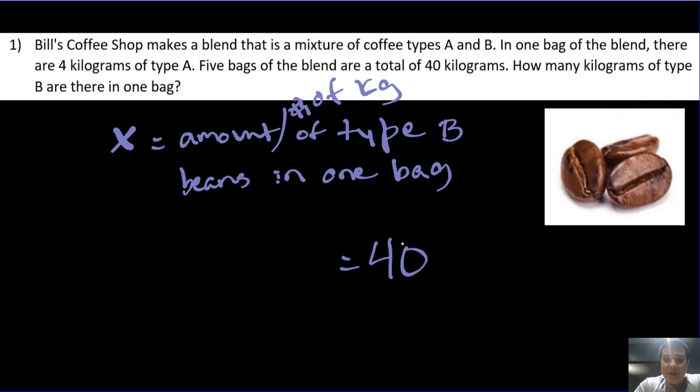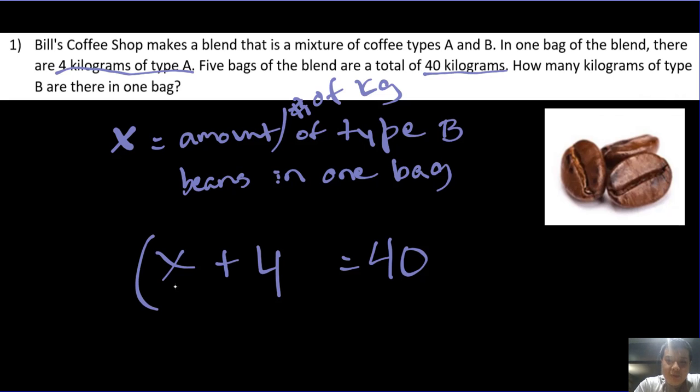Now, one bag has 4 kilograms of type A, but there's also type B. So we need a phrase that represents how much weight there is in one bag. We know that there's a certain amount of type B beans, and 4 kilograms of type A. So that's going to be X plus 4, because that's one bag. There's only type A and type B in one bag. And we know that 5 bags of that make a total of 40 kilograms.